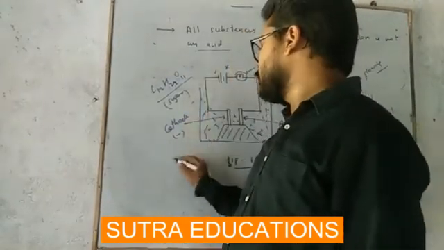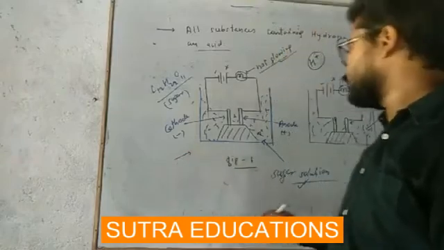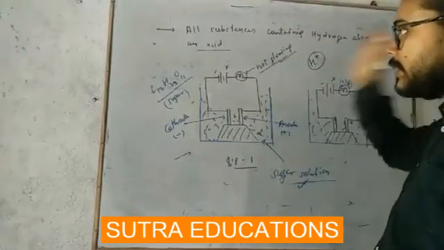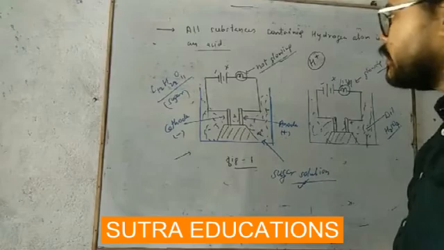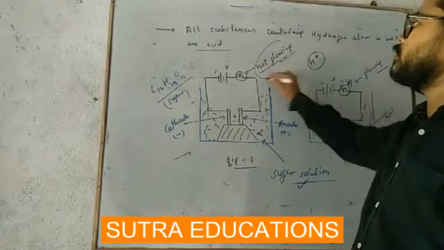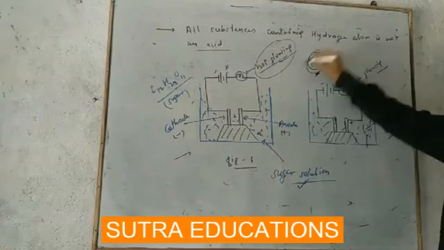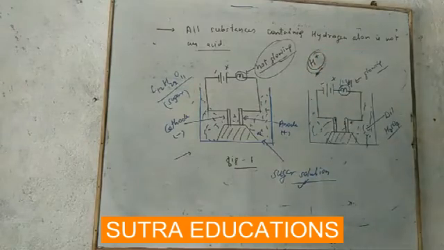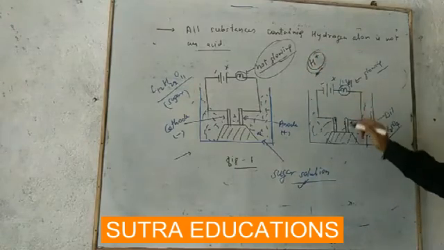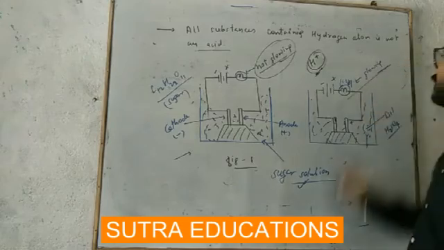Here no ion is formed, that's why sugar solution acts as an insulator and the bulb is not glowing. This time it is producing H plus ions. Ions can freely move, so it will act as a conductor and the bulb will start glowing.